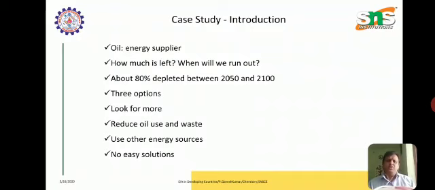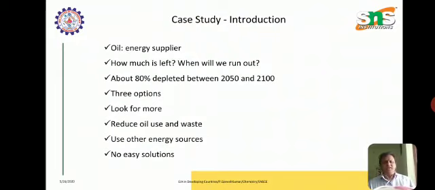So, what can we do about the reduction of so much energy need? There are only three options. One option is to look for more energy, so we have to discover more and more types of energy sources. We can go for the same fossil fuels, by discovering them or by drilling the ground.